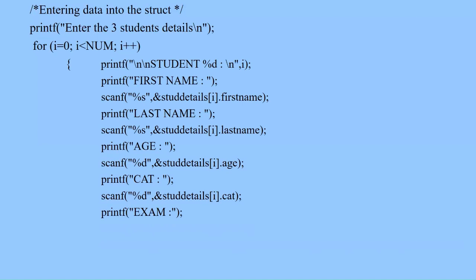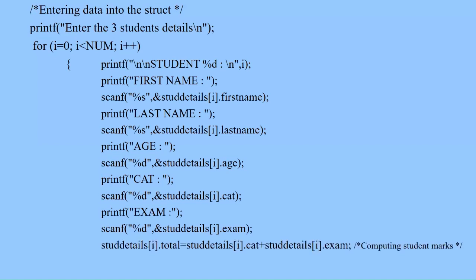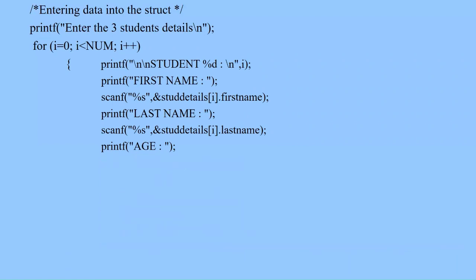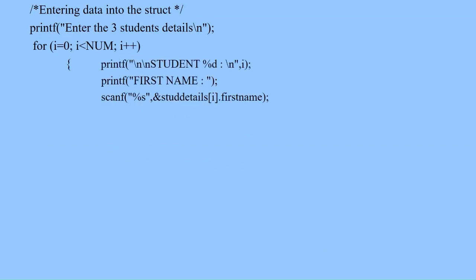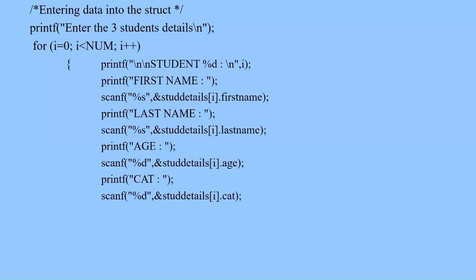Wherever I is, it is 1. Student details 1 dot first name, student details 1 dot last name, student details 1 dot age, student details 1 dot cat. And we also do the same for exam, and we add. Then we increment counter by 1. So 1 plus 1 is 2. So is 2 less than 3? Yes. So we do the same for the third record.